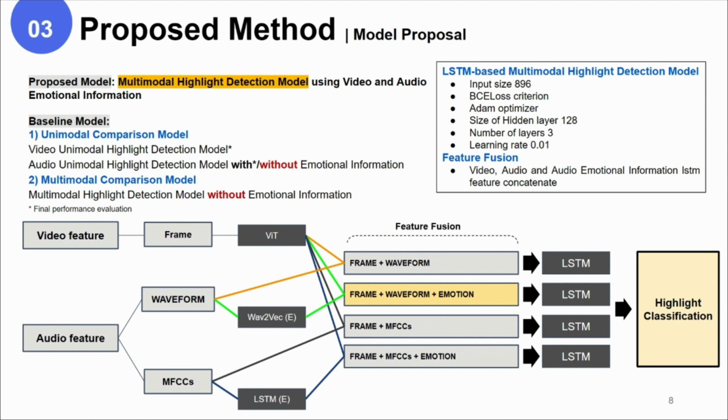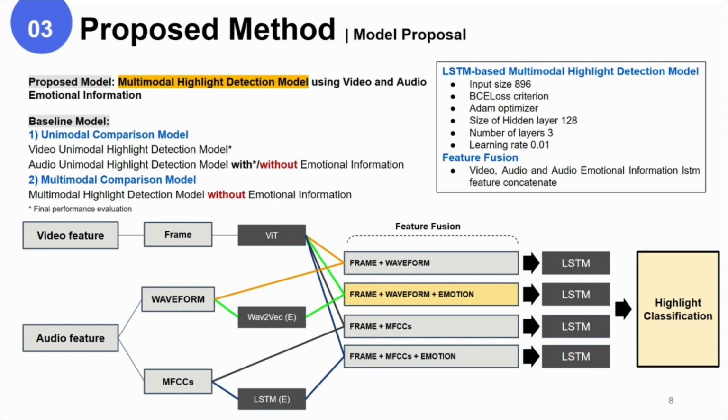The model we proposed is a multimodal highlight detection model using video and audio emotional information. We conducted a comparison against two baseline models. First, we compared the unimodal model to see how the addition of emotional information affects the performance. Second, we compared the proposed model to a multimodal model using features without emotion information to see how it affects performance.